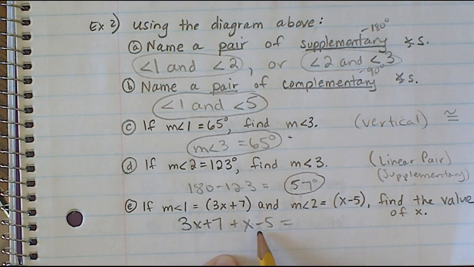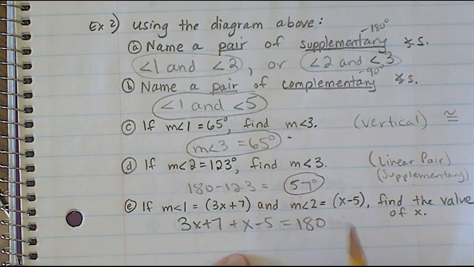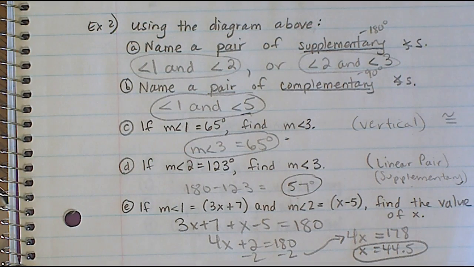So add angle 1 plus angle 2 to equal 180. Go ahead and solve for x. So if you solve this correctly, you should get a value of x of 44.5. You can always check this by taking this value and plugging it back in to your original equation where we see x, and the total of those two angles should equal 180 degrees.